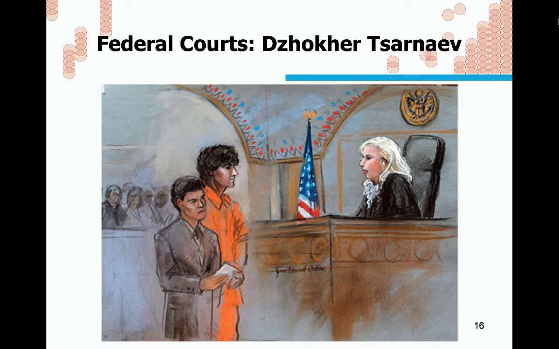Speaking of federal court, I don't know if you remember this name, Dzhokhar Tsarnaev. This is the brother. There were two Tsarnaev brothers. This is the one who survived the Boston Marathon bombing way back in 2013.